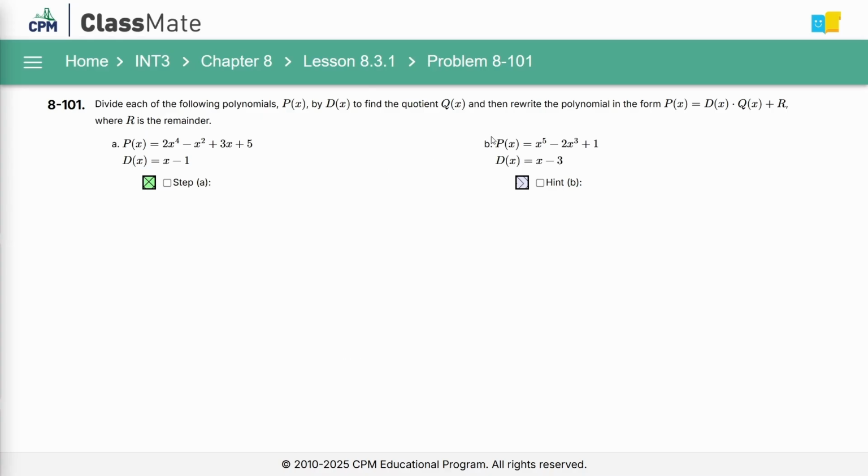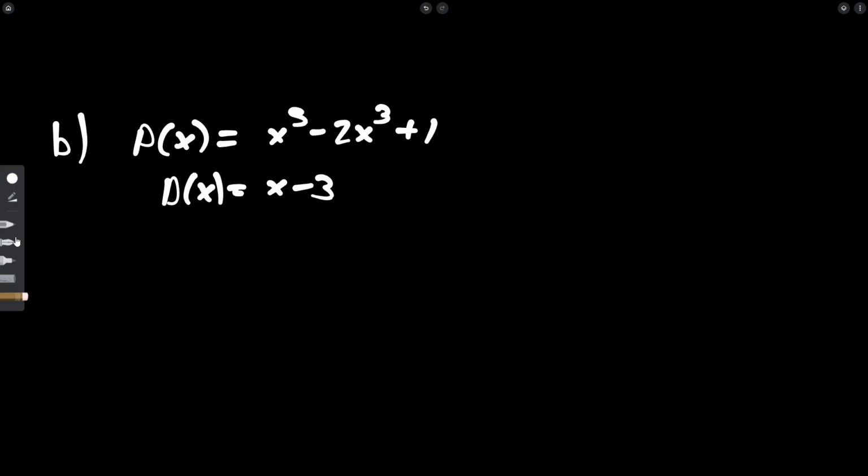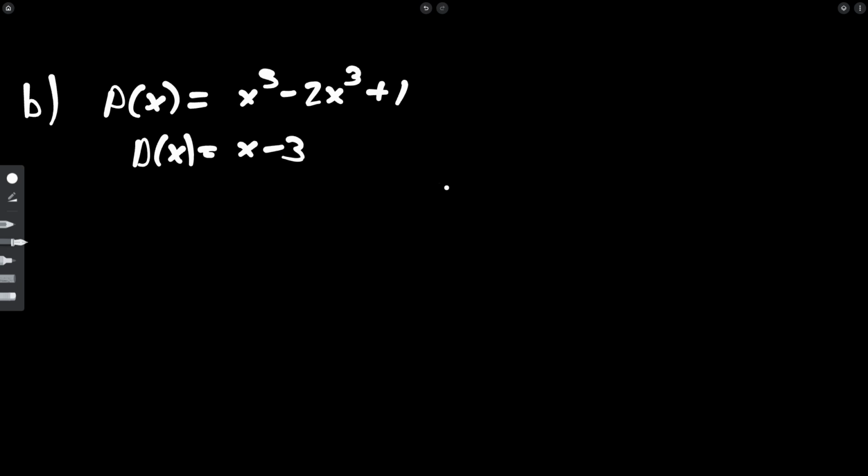All right, now for part B, we are given that p of x equals x to the 5th minus 2x cubed plus 1, and d of x equals x minus 3. So I have already written it here. This time I'm going to use synthetic division. I'm going to put a 3 here because this is a negative 3 and we want this to be a positive 3.